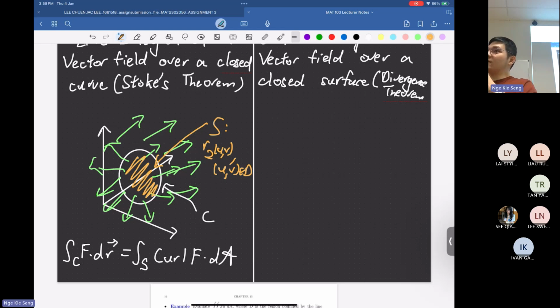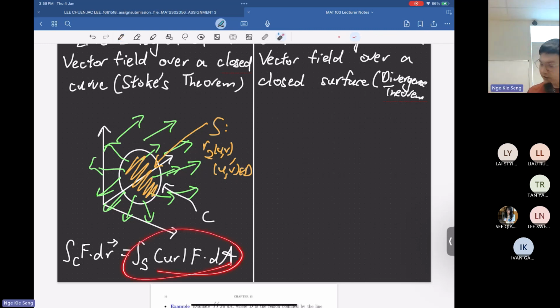But the statement here says, I don't care what surface it is. I just care about the boundary. You get what I mean? I don't care what surface you compute for this curl F. You just use the same boundary.